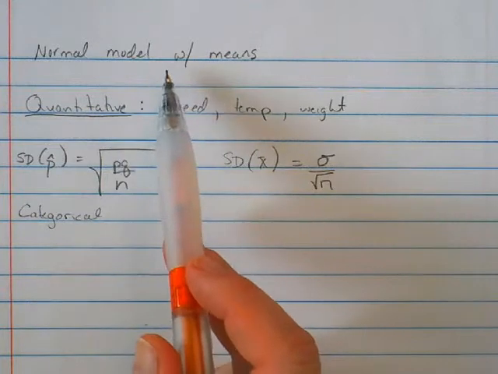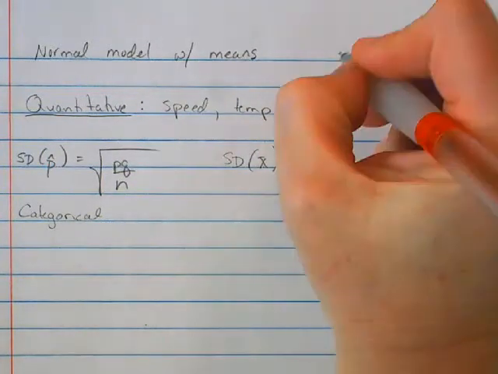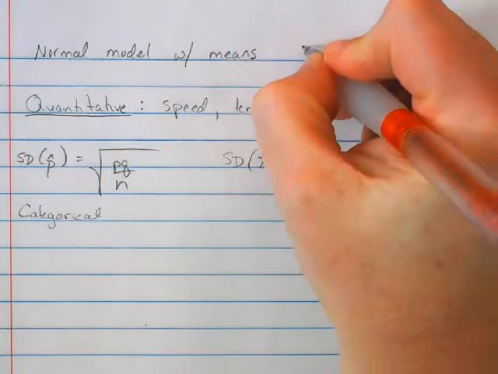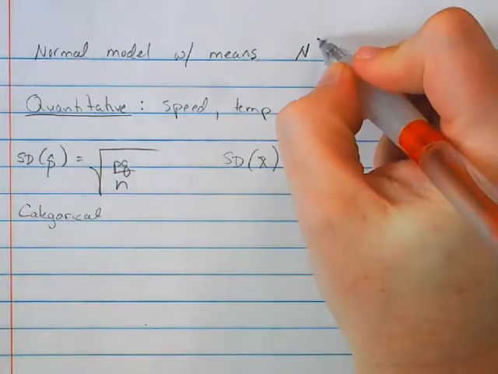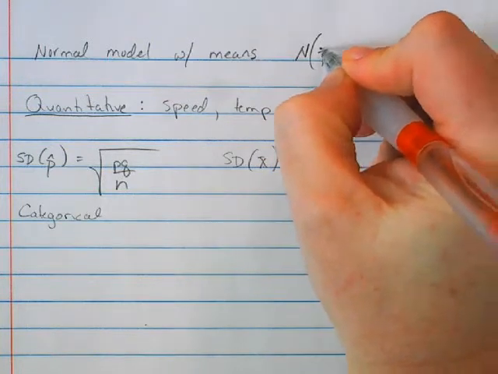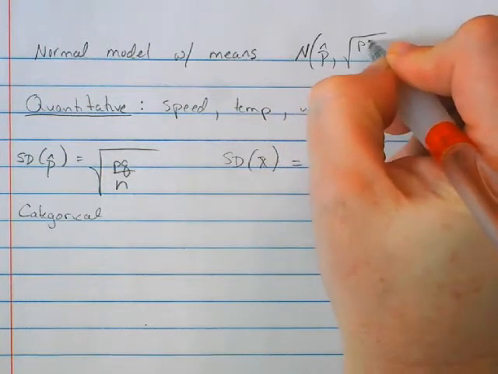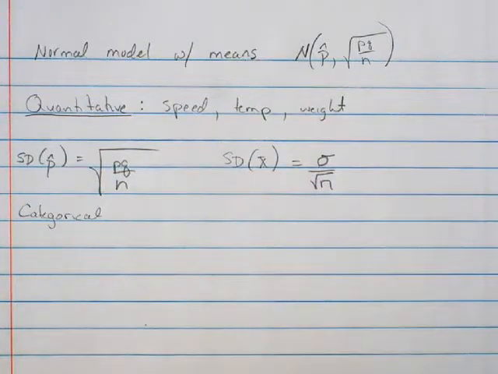When we use our normal model, we have to define which model we are using. For example, when we did our proportions, we would say the normal model given P hat and then standard deviation PQ over N, correct?